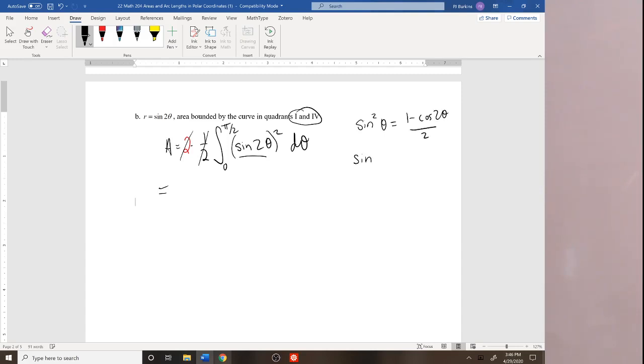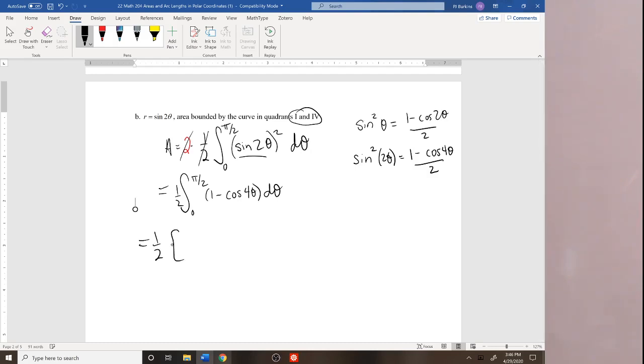Therefore, sine squared of 2 theta would just be 1 minus cosine 4 theta over 2. So I would substitute that in. So I'll pull the 1/2 out front. And this will be 1 minus cosine 4 theta d theta.